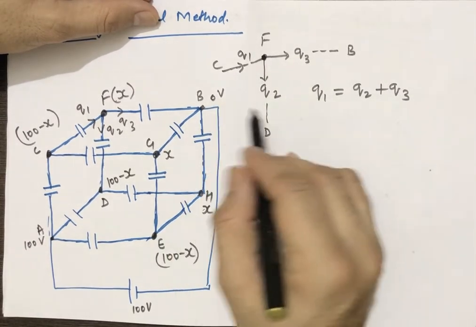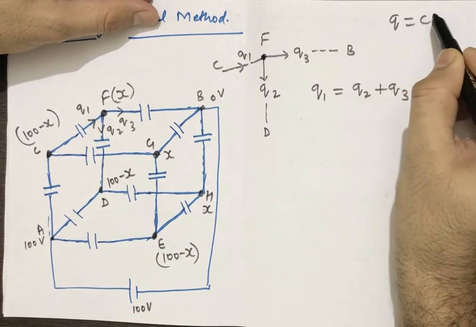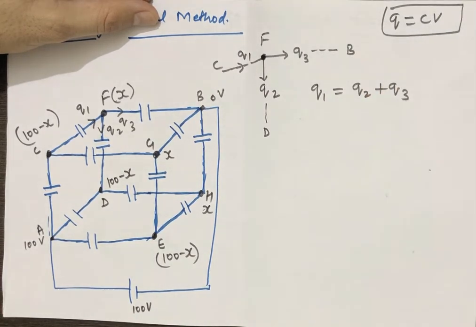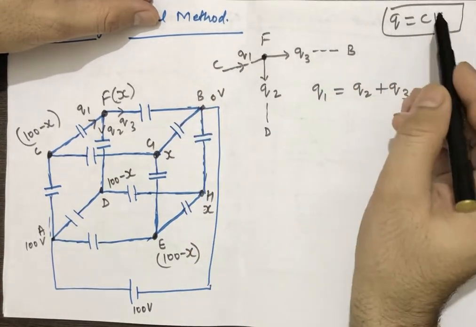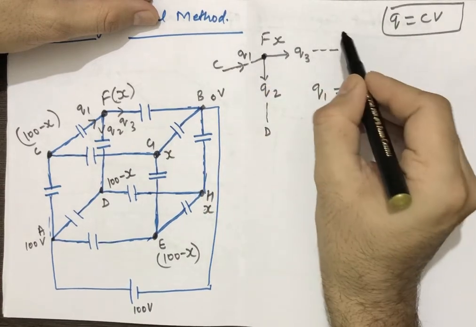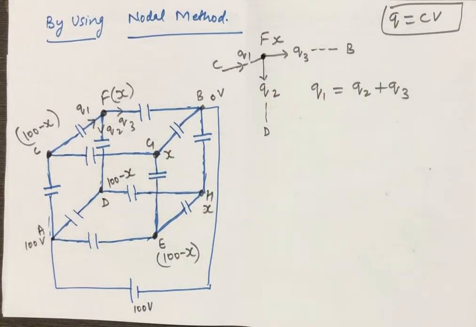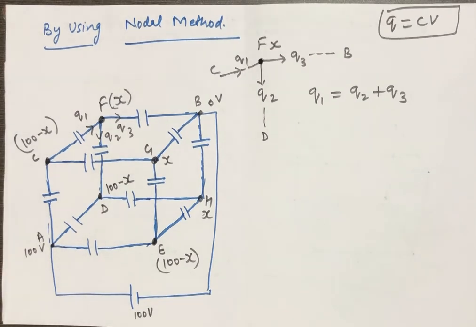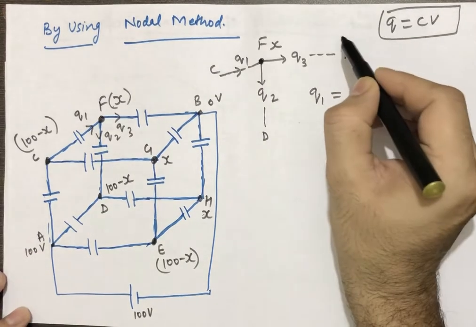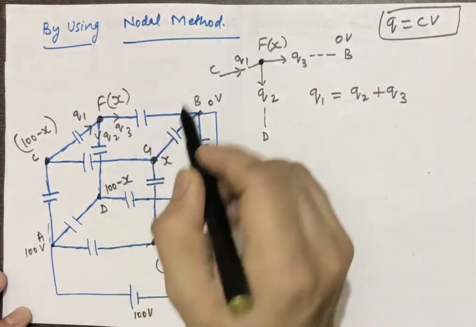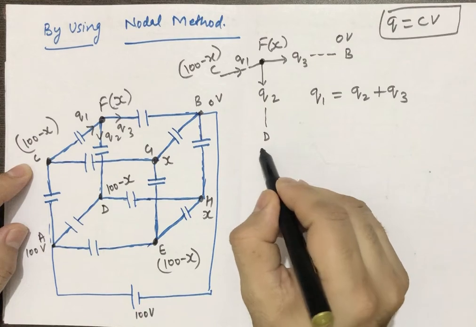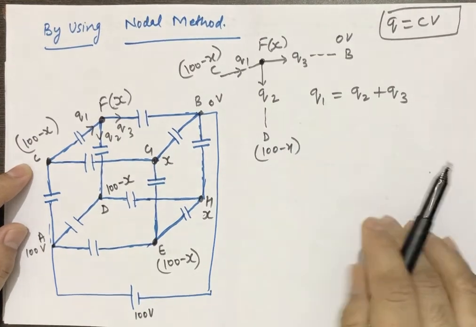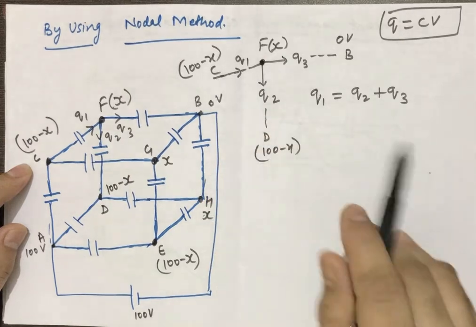Right? So what is Q1? Formula of capacitance, C into V, capacitance into the potential difference. Here potential is X, here potential is 0. For C point, it is 100 minus X. For D point, again it is 100 minus X. So you can find the potential difference easily, right?